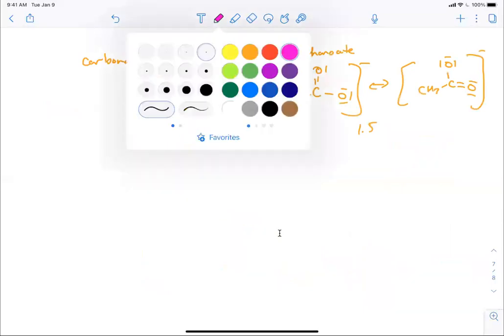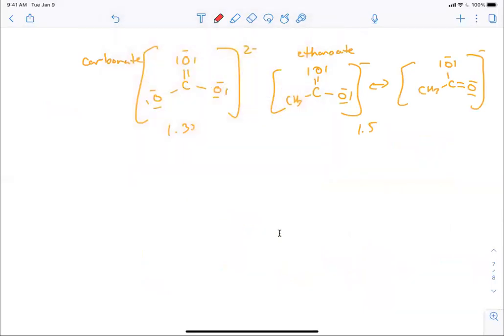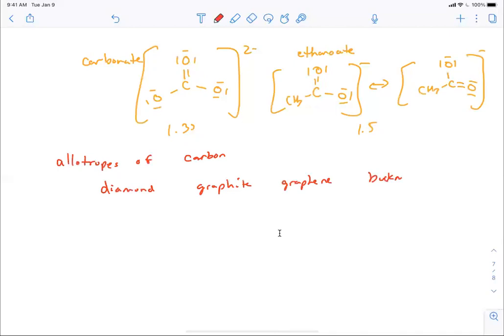Also, don't forget, you need to memorize the allotropes of carbon. It's been a while since you've probably seen that, but you need to know the allotropes of carbon: diamond, graphite, graphene, and Buckminsterfullerene.